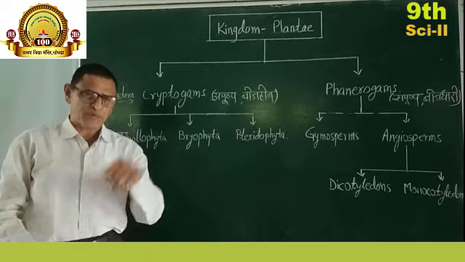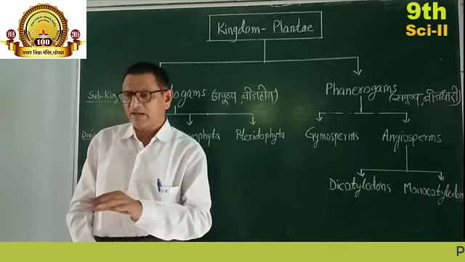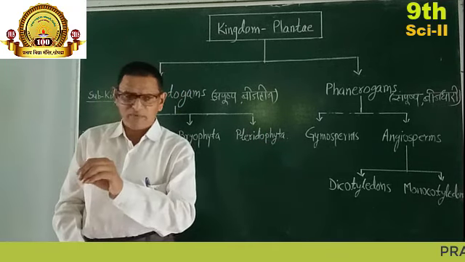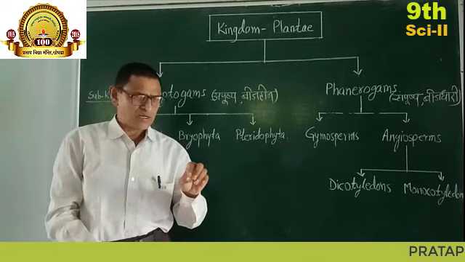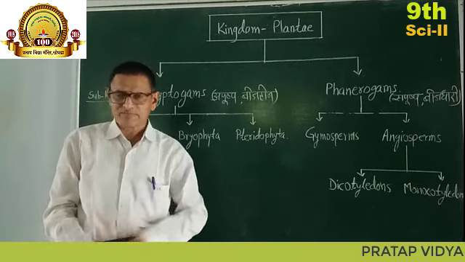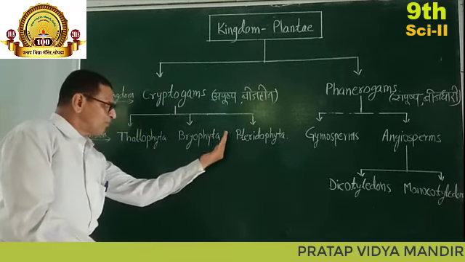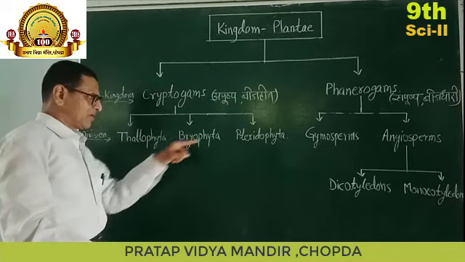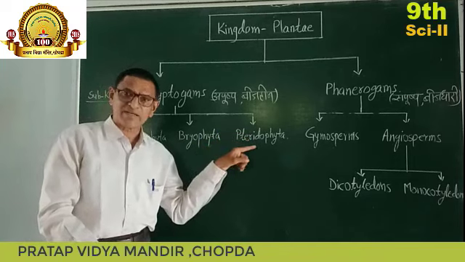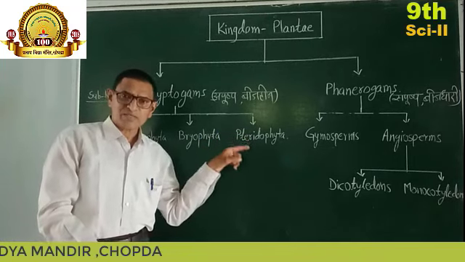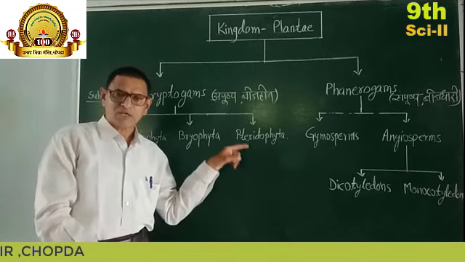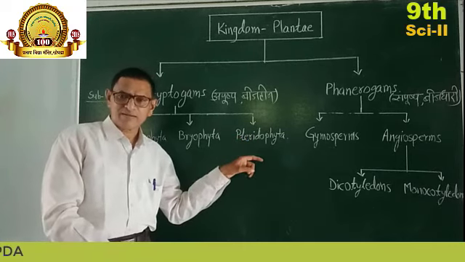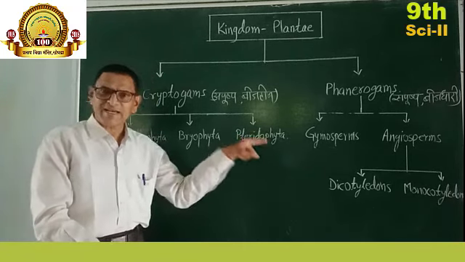Well developed root present means here a special type of tissues are present. As compared to the previous division, here roots are present, means vascular bundles are present, xylem and phloem present.